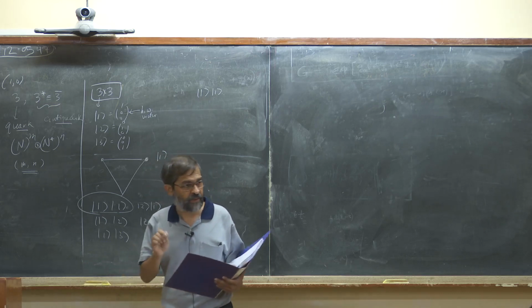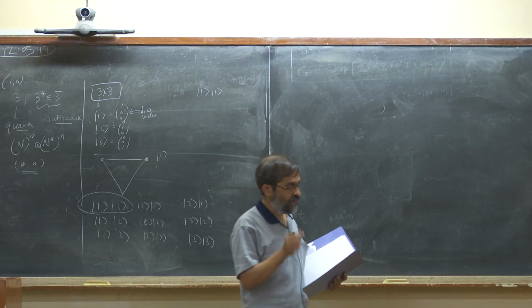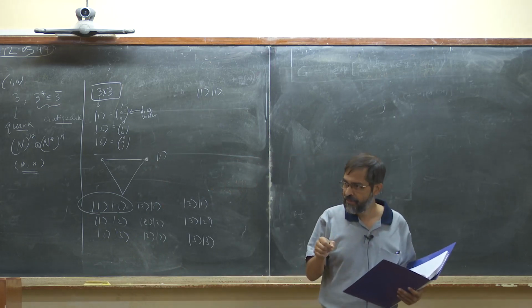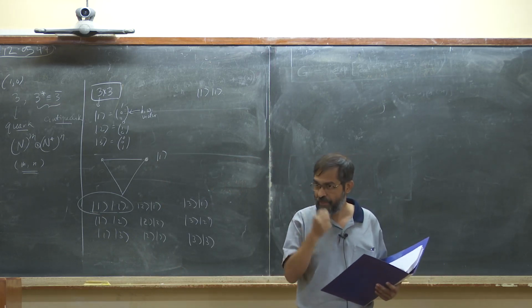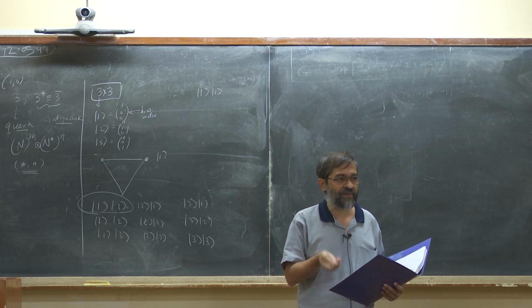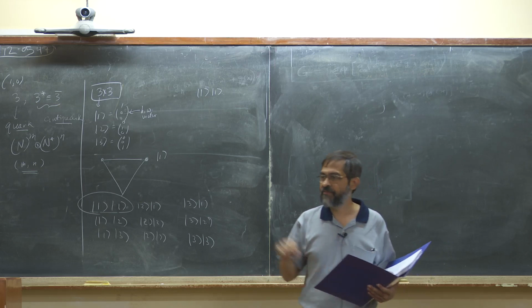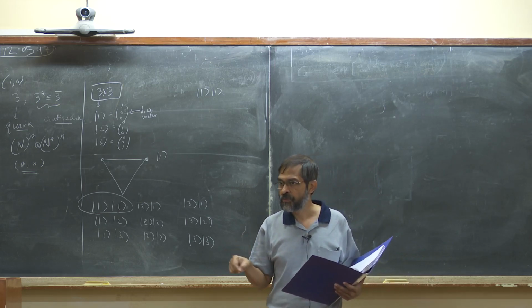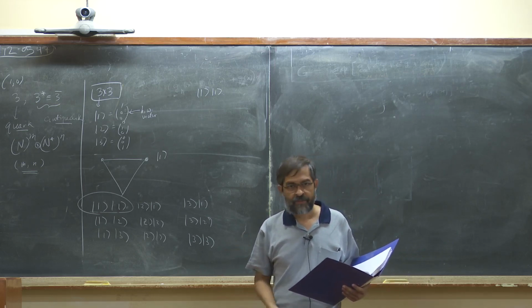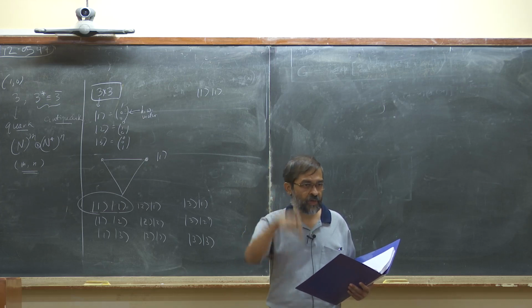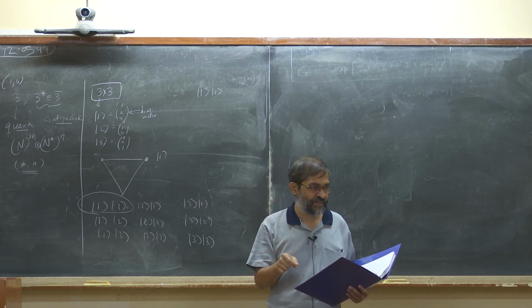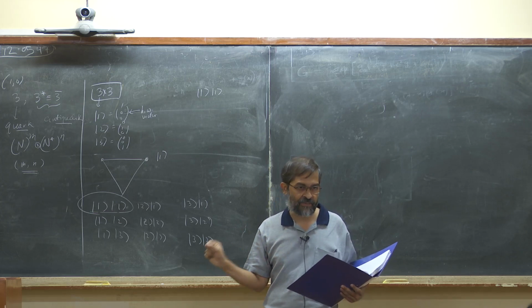What does it mean? 1, 0 means if I apply the lowering operator alpha 1, it will have a depth of order 1, and if I apply alpha 2, it will be annihilated. So it can be lowered by alpha 1 only once, and none at all by alpha 2.